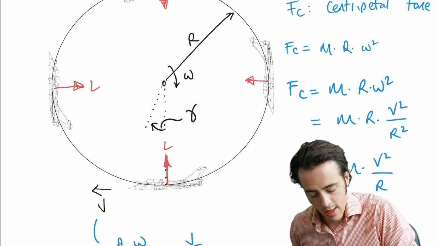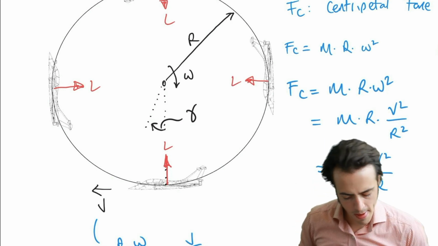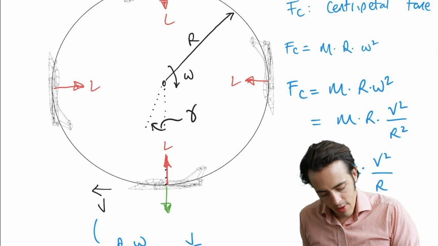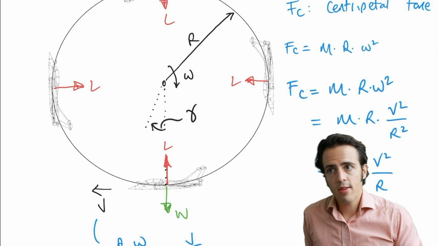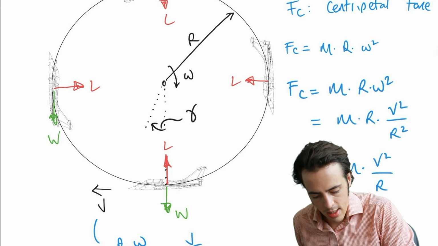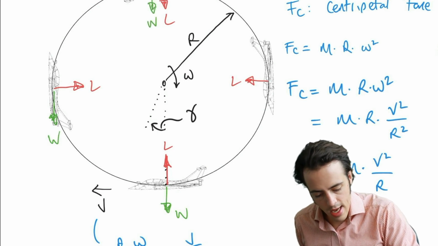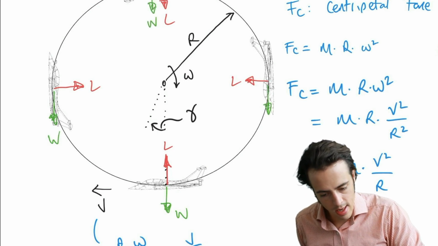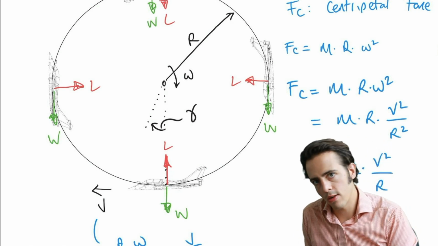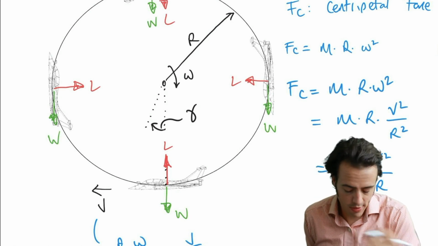So we've got lift, lift, lift, and lift. Let's think about the weight. The weight is acting downwards in this first instance at the loop entry. The weight is acting downwards here, again, we've also got the weight here, and the weight here. So the weight direction changes depending on the orientation of the aircraft.